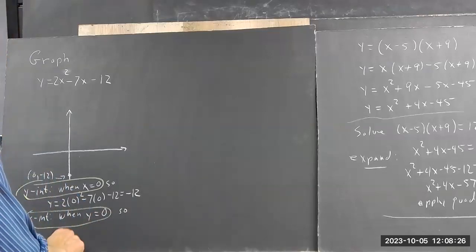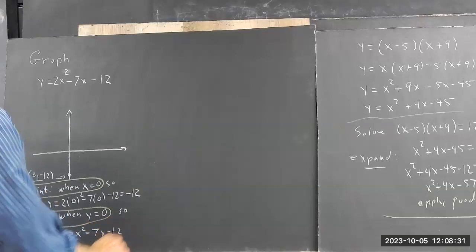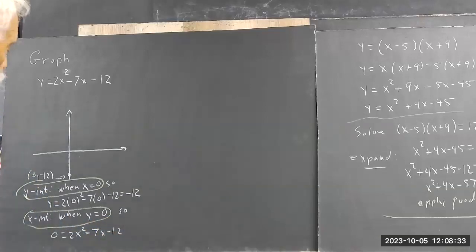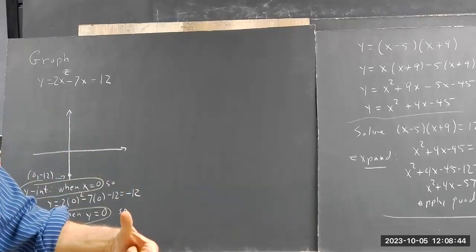So 0 equals 2x squared minus 7x minus 12. You just have to solve that equation. Find the x-intercepts and just set your functions equal to 0 and solve the equation.